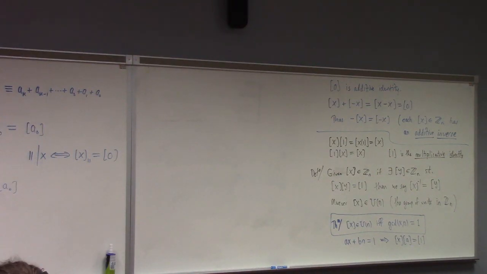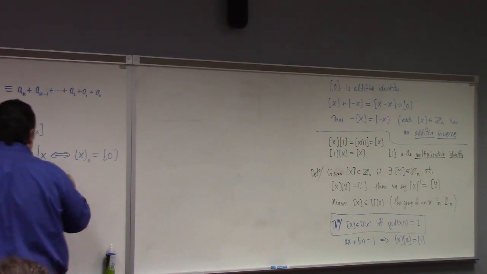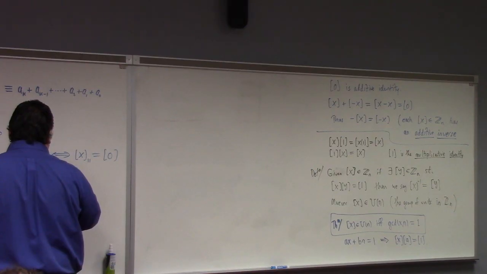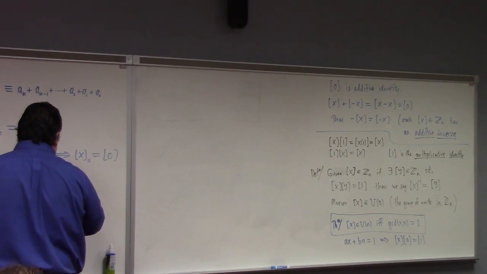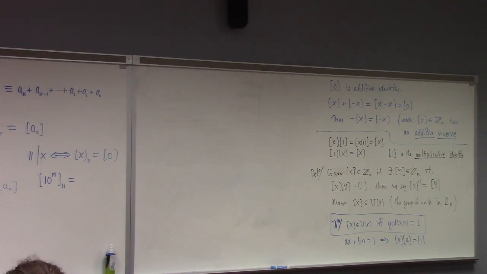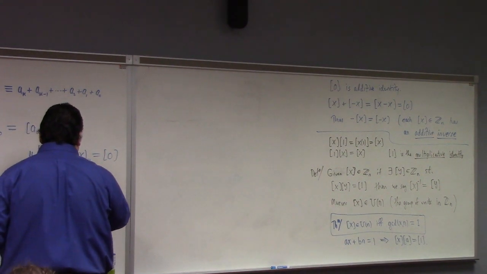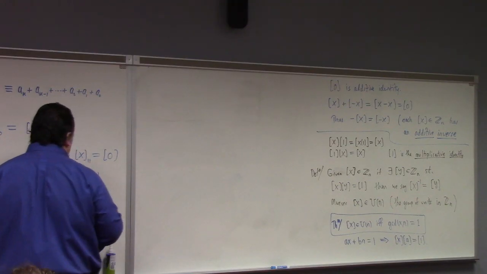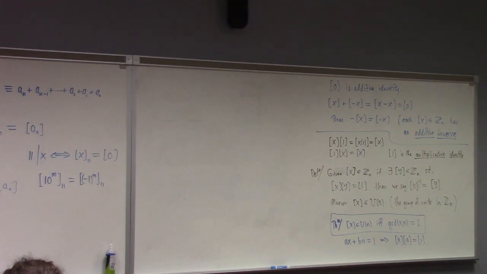And if you were to study that question with respect to the base 10 representation, you'd end up wanting to understand what is 10 to the power m congruent to mod 11? Well, we can also write this as minus 1 to the m, right? So there's a similar rule. It's not the rule of 9's, but to study divisibility by 11, you'd end up looking at an alternating sum, like plus the digit minus the digit plus the digit minus the digit.